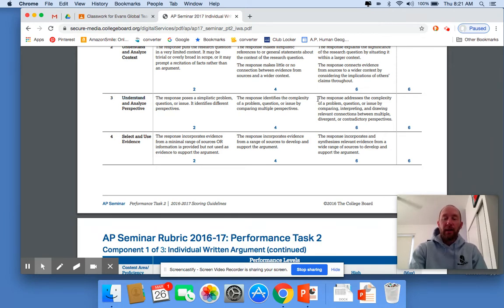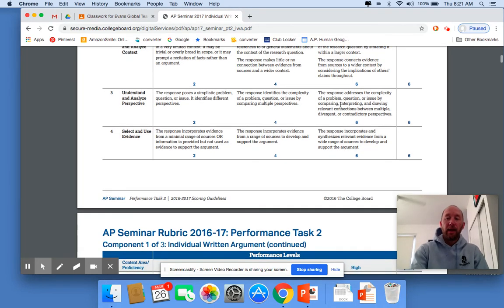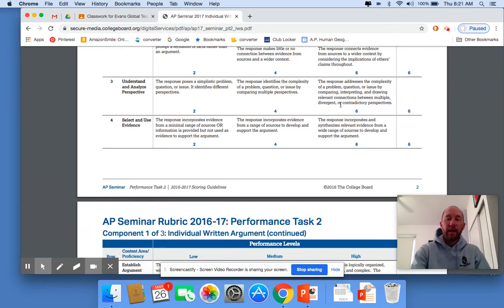We need to make clear that this is an issue that affects multiple people in multiple ways, whether that's ethical and scientific or scientific and economic, whatever the case might be. We need to address our issue and make it clear that this is complex and it impacts people in different ways.